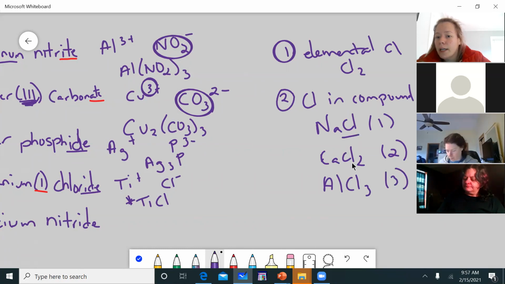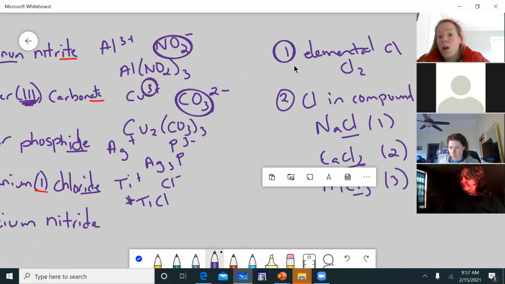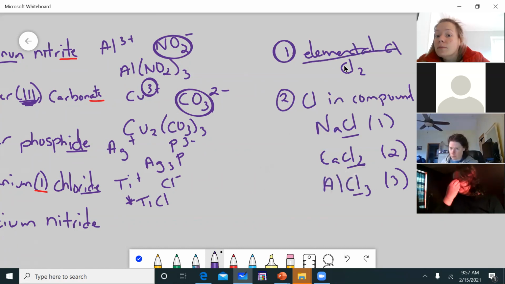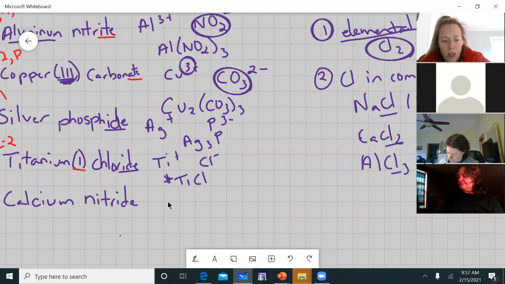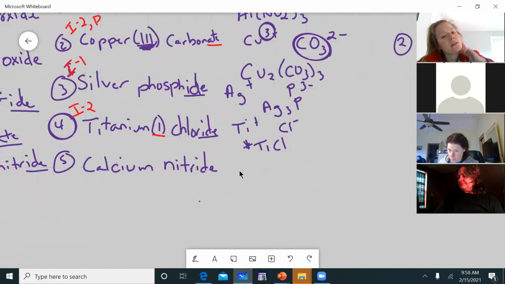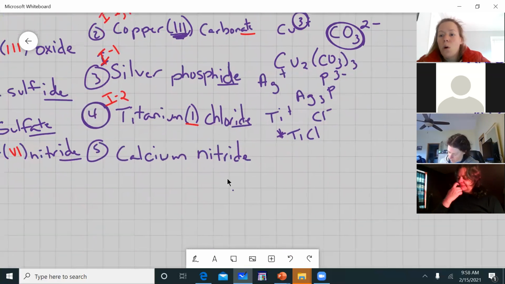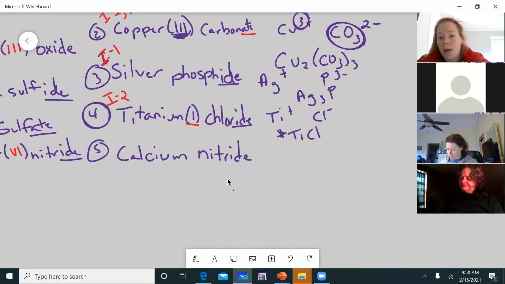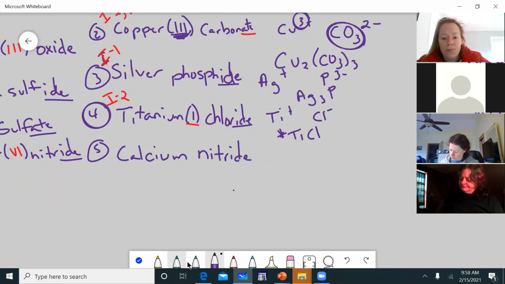You see how the chlorine number can change when it has a buddy? So it doesn't necessarily have to have the 2 when it's in compound form. When it's in elemental form, make the diatomics diatomic. There's a little footnote there. I had somebody in my 151 class who was like, I don't understand why it's not a 2 here. You only have to double it up when you're in elemental form.